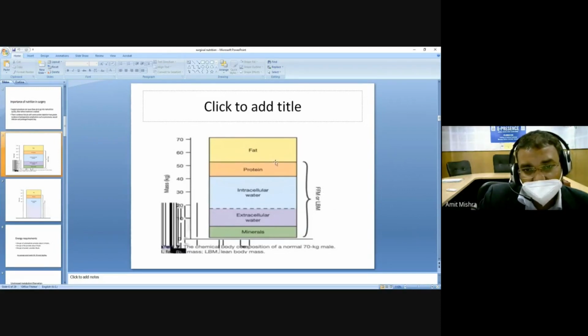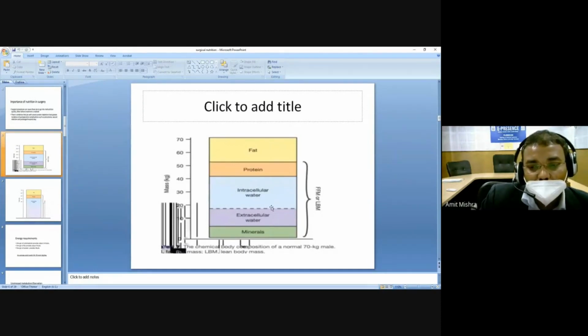Approximately 20% is body fat, and the other 80% is the fat free mass, which comprises protein, body fluid, and some minerals found in protein and extracellular body tissues. So that is the fat-free mass, which is very important.